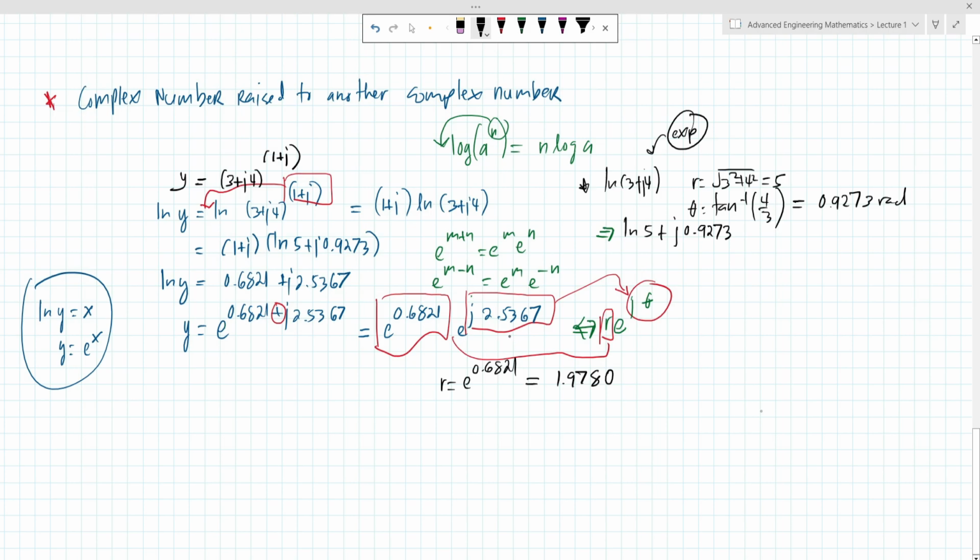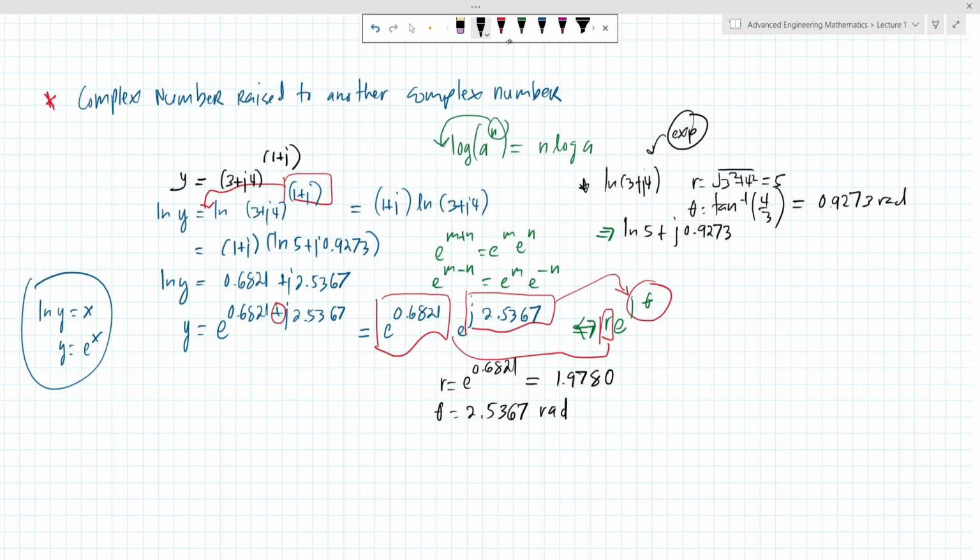Remember, the unit of this angle is in radian. So our theta is 2.5367 radian. Say for example the required answer is in rectangular form.